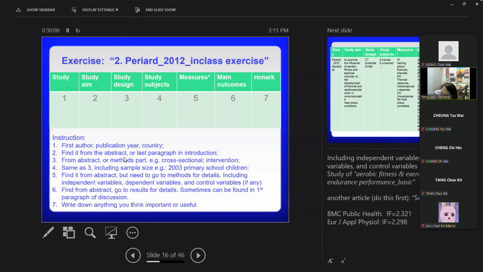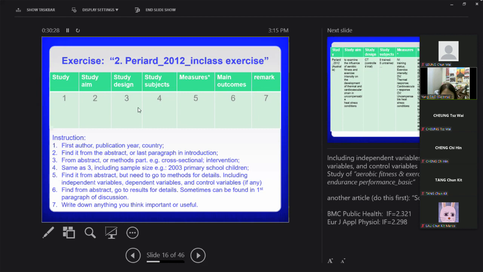If you can't, actually, at least 90% of articles, if they have an abstract, you can draw the study aim from the abstract. If really you can't, usually you can find the study aim in the last paragraph in the section of introduction. So for this exercise, you can find it in the abstract.